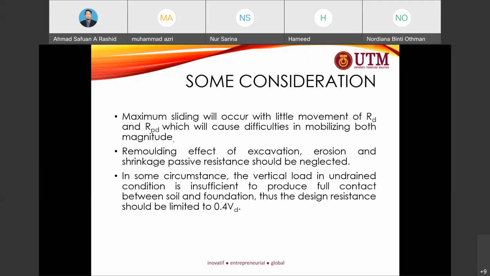So due to the remodeling effect of excavation, erosion and shrinkage, passive resistance should be neglected. In some circumstances, the vertical load in undrained condition is insufficient to produce full contact between soil and foundation. Thus the design resistance should be limited to 0.4 VD. So that is some explanation on the shear resistance.